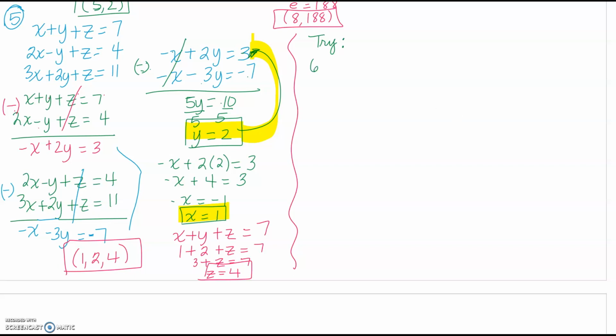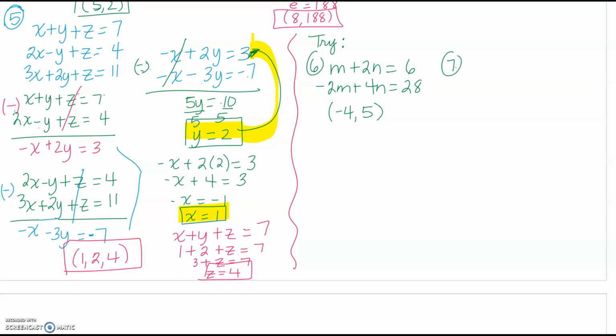So I want you to try number 6. Number 6 is m plus 2n equals 6 and negative 2m plus 4n equals 28. Your solution should be negative 4, 5. M is negative 4, n is 5.